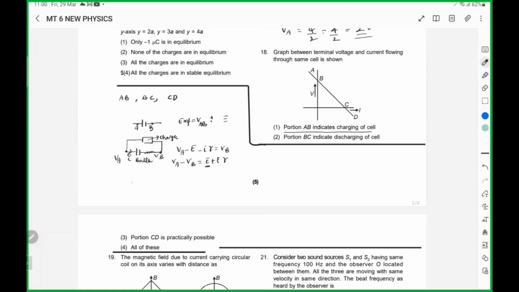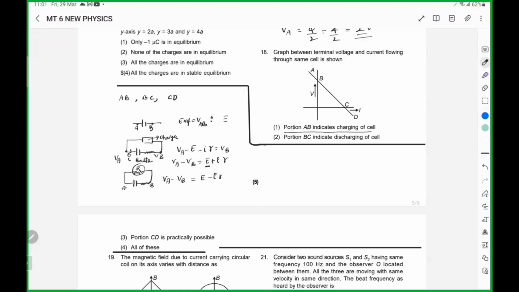Now, this battery is connected to a circuit with some resistance. The resistance can be a bulb, a fan, or anything. Here VA minus VB becomes E minus Ir.